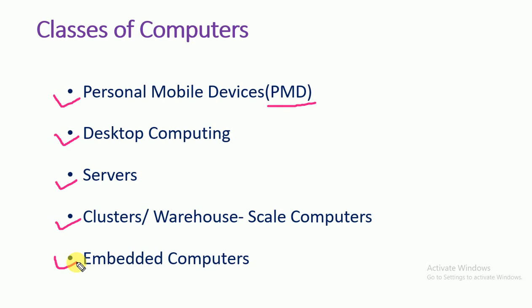The computer is embedded and won't have the full functionality of a particular computer, but for some computation with electronic devices we need to embed a particular computer. That category is called embedded computers. So these are the major classes of computers invented during the performance growth period of computer systems. In the remaining slides we will see the different classes in detail.